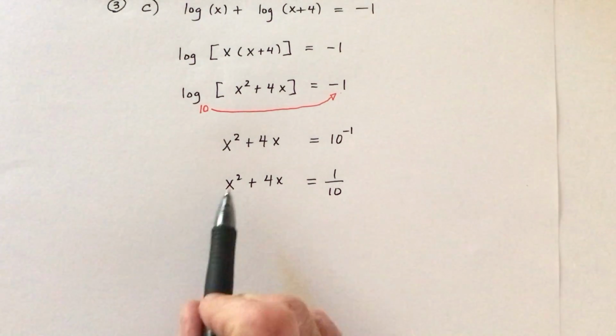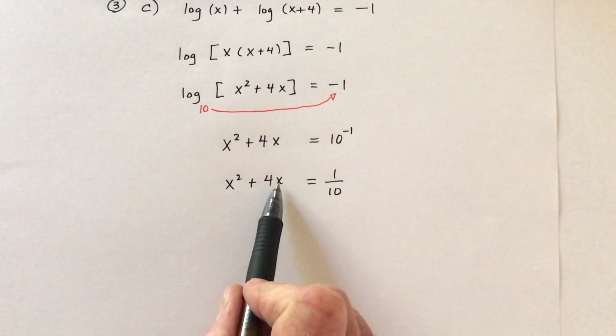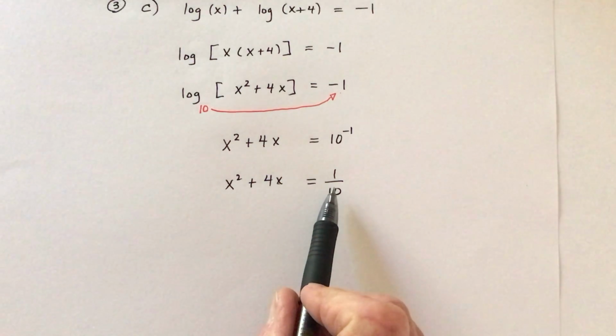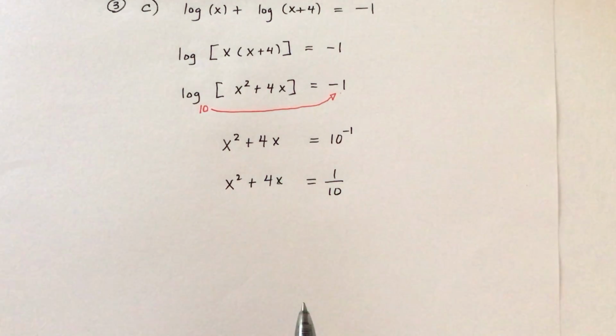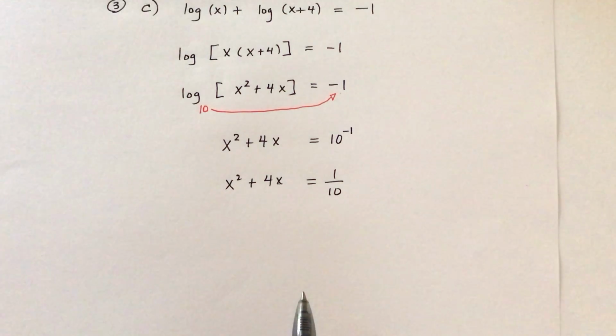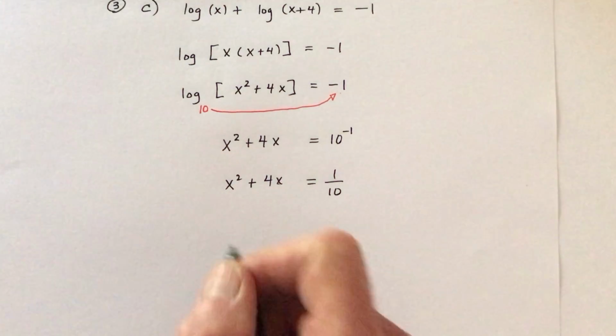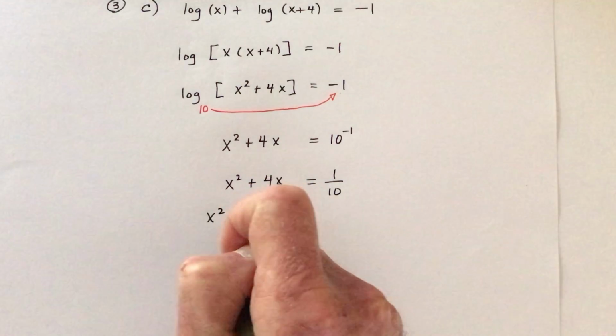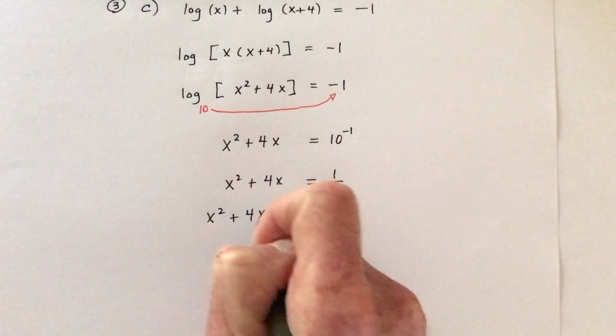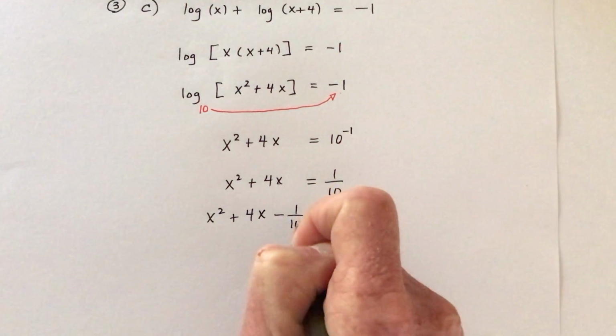And then, because it has a squared term and a non-squared term and a constant, we're going to do the quadratic formula. But for one thing, it has to be set equal to 0. So I need to subtract the 1/10 from both sides.